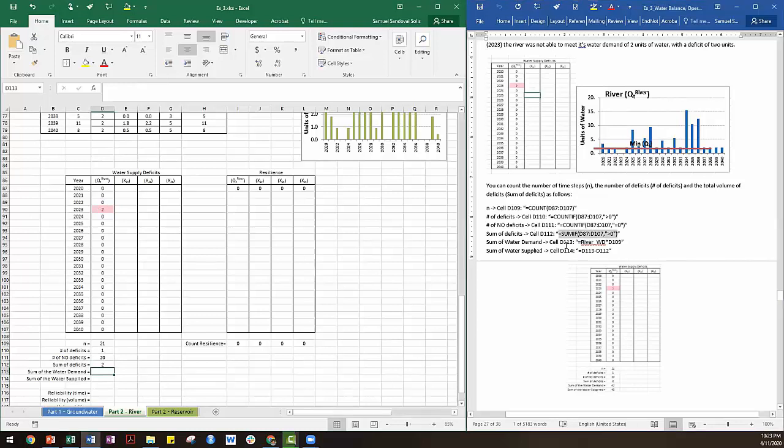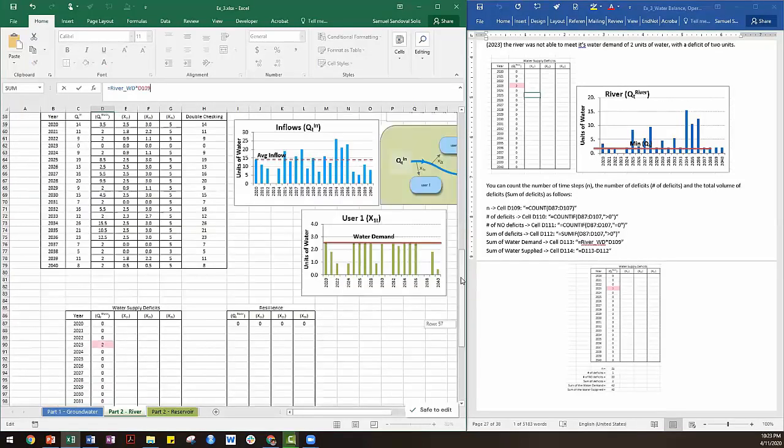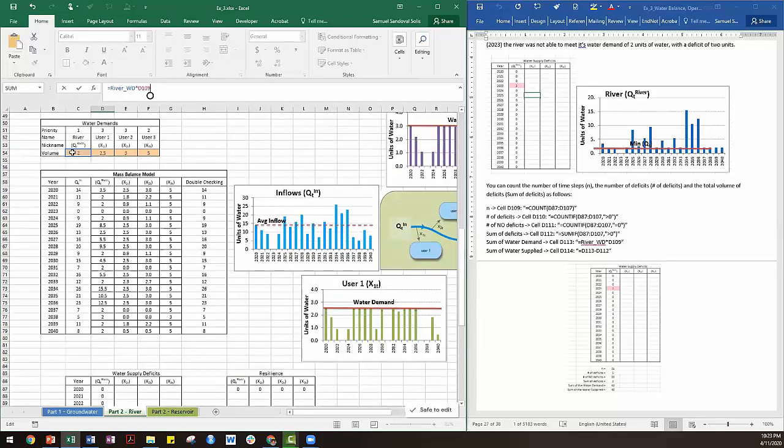Then we're going to estimate the sum of the water demands. In this case, how much water was requested, was demanded during this 21-year period, is 21 times the water demand for a river.